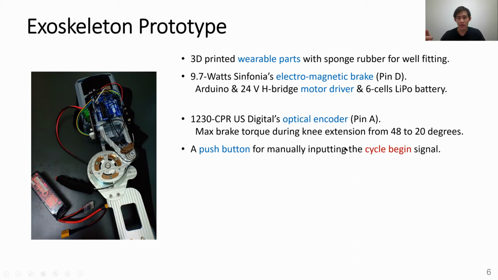And we also have a manual push button so that the user in the experiment needs to put a signal to indicate the starting time of the cycle. And the Exo will notice this and support the brake torque in the stance phase only.